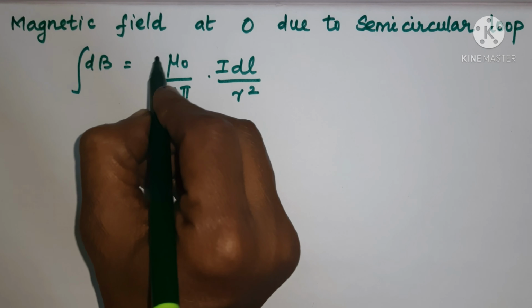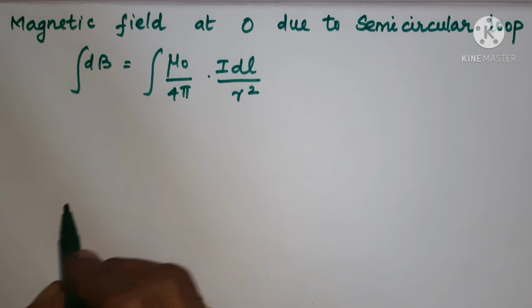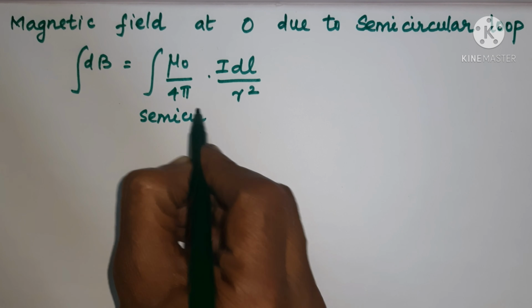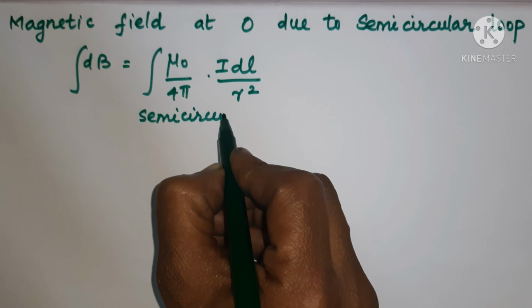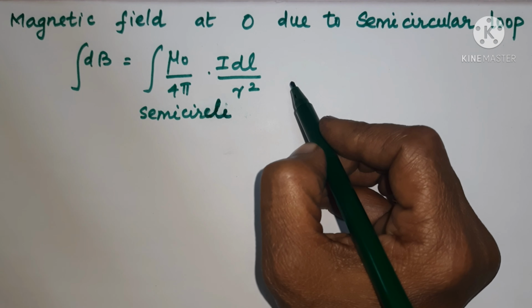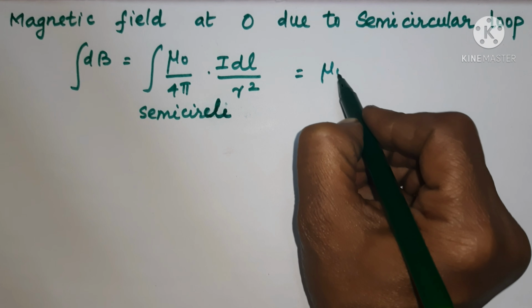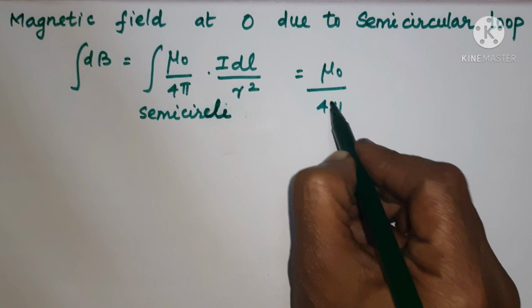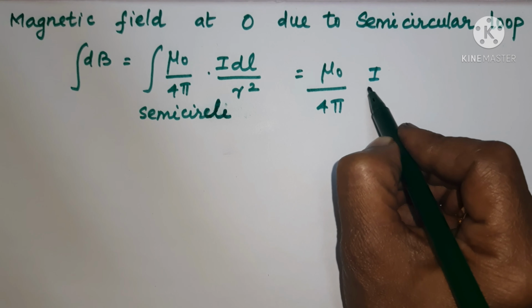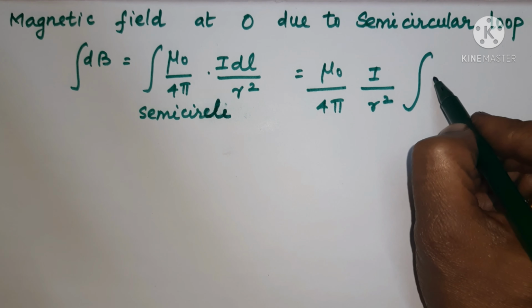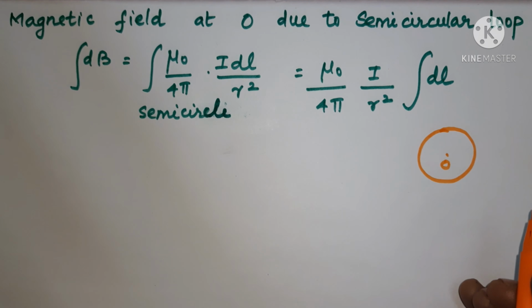We integrate this on both sides, so integration over that semicircular loop. Now, we take the constant terms outside, that is mu naught divided by 4 pi into I divided by r square, and integration over the semicircular path in dl.